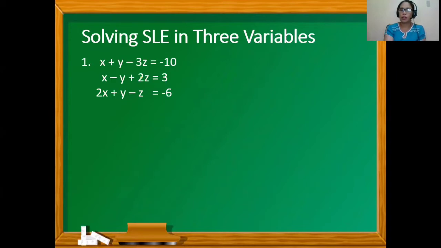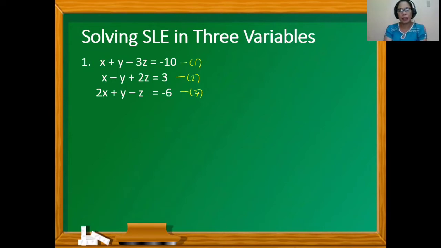As you can see, we have three equations here. We also have three variables, so we're going to solve for the values of x, y, and z. The solution is composed of an ordered triple x, y, z. We denote this as our first equation, this as our second equation, this as our third equation.